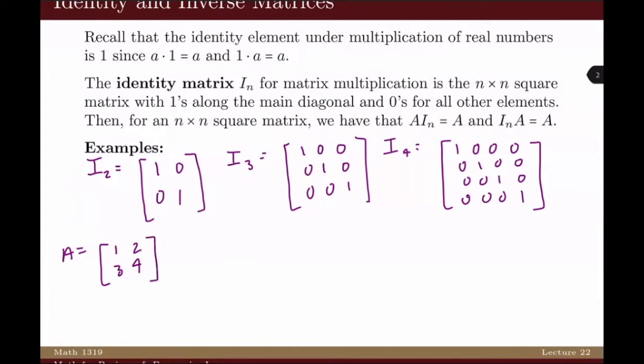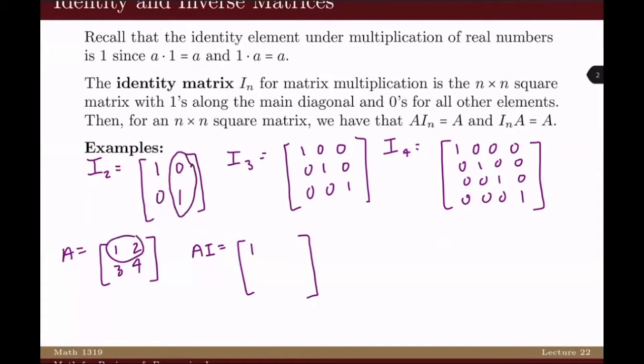Let's do A times I. So that means we're going to have row 1, column 1. That's going to be 1 times 1, which is 1, and 2 times 0 is 0. Next, let's do row 1, column 2.